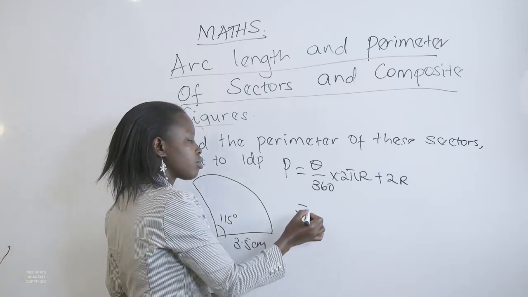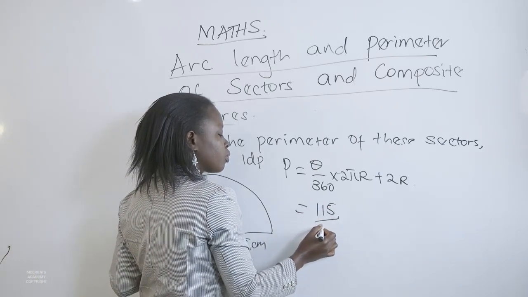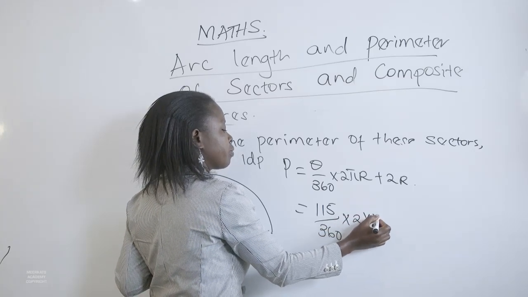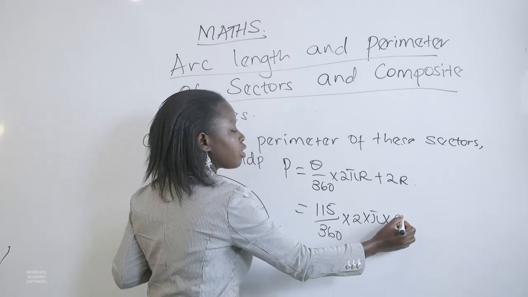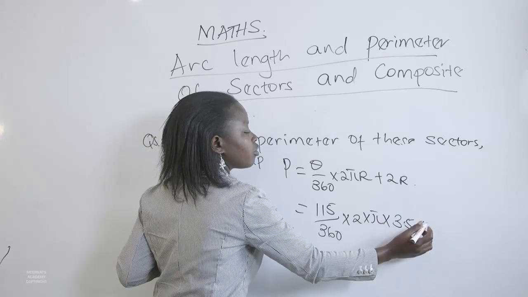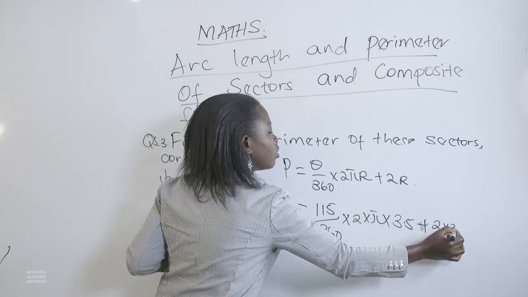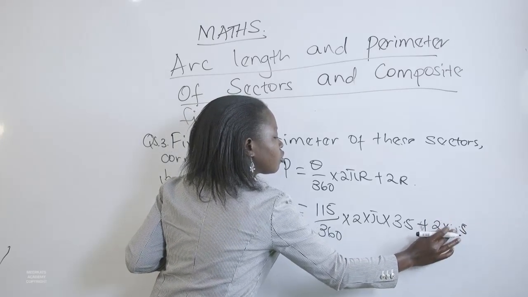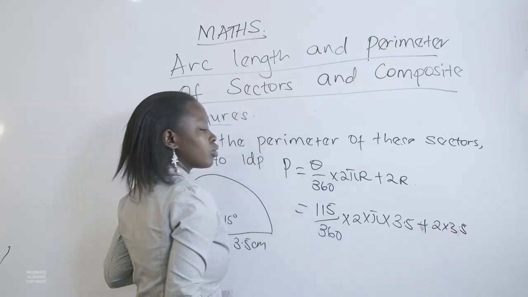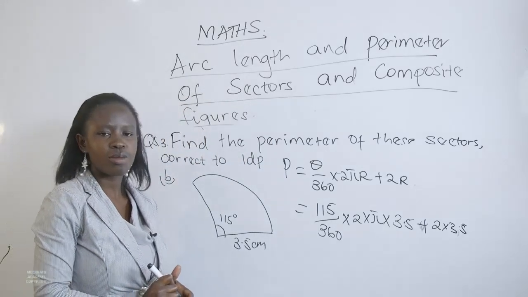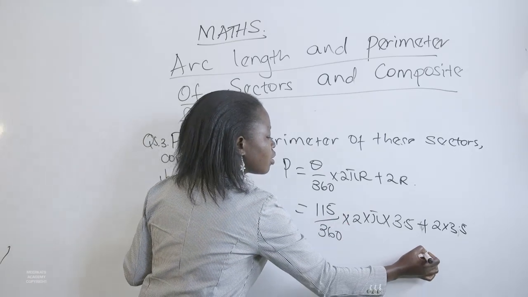So our theta is 115 over 360 times 2 times pi times our radius, which is 3.5, then plus two times 3.5. So 2 times 3.5 gives us 7.